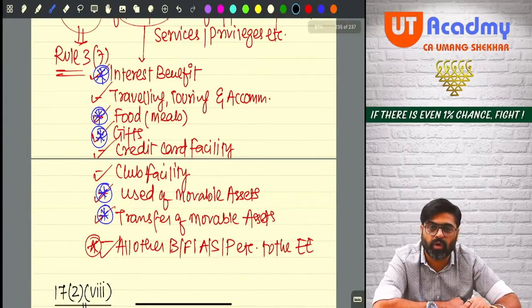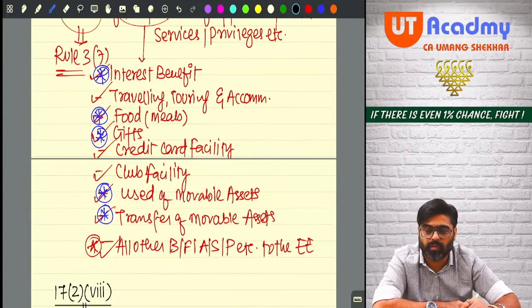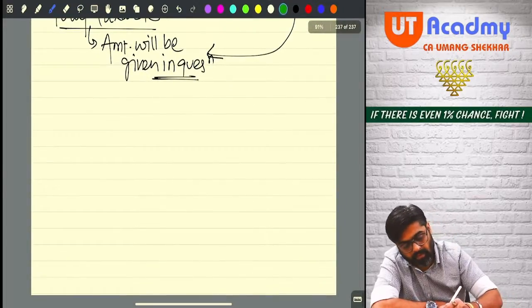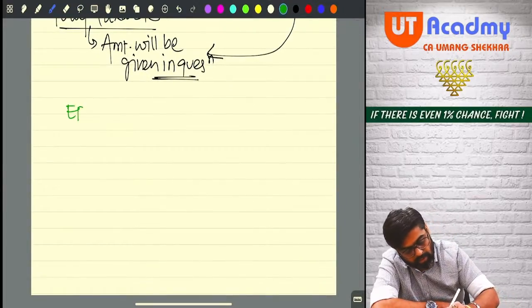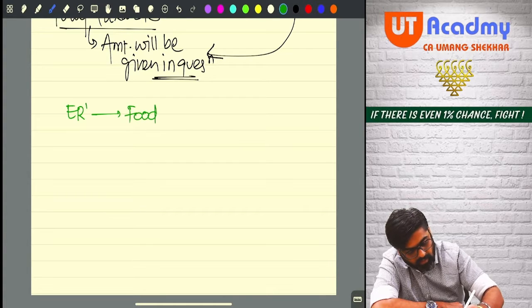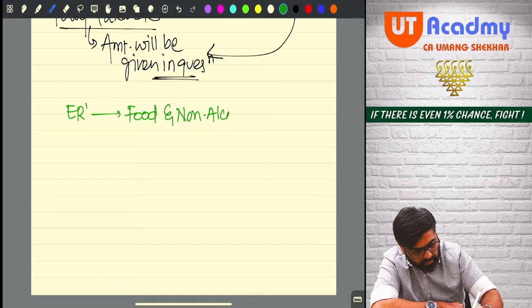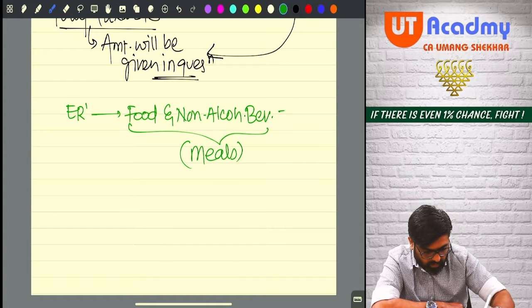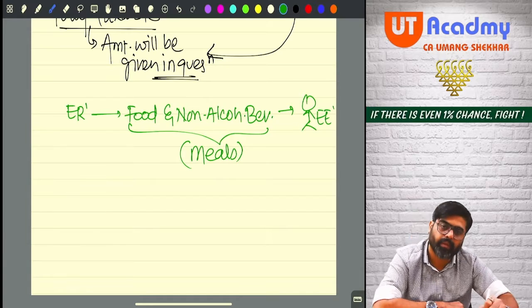Now can you see food or meals? Food or meals? Now pay attention. If your employer is providing you food and non-alcoholic beverages, meaning he is providing you meals, these meals provided to the employee.